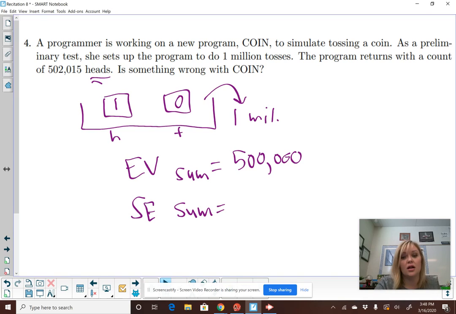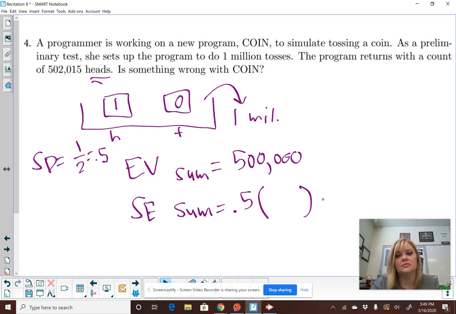I will tell you that when you have a box model with the same amount of ones and zeros, then the SD is always 1/2 or 0.5. So the SD of the box is 1/2 or 0.5. And then that should help you with the SE sum, because it's SD of the box times the square root of the draws, and that will tell you the SE sum.